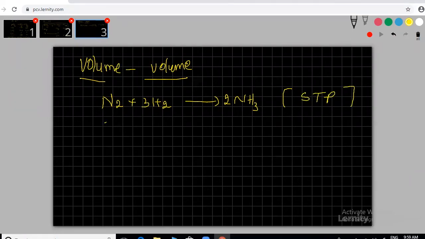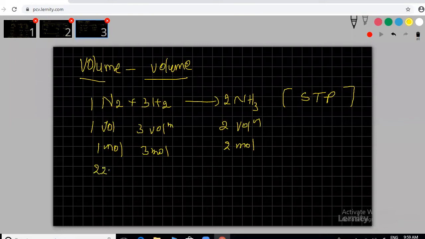This is 1 volume, 3 volume, 2 volume, so assume 1 mole, 3 mole, 2 mole. At STP 1 mole equals 22.4 liters.